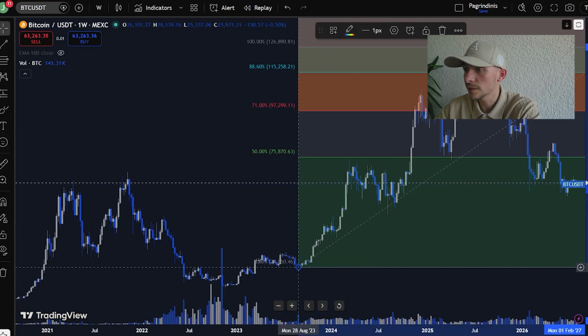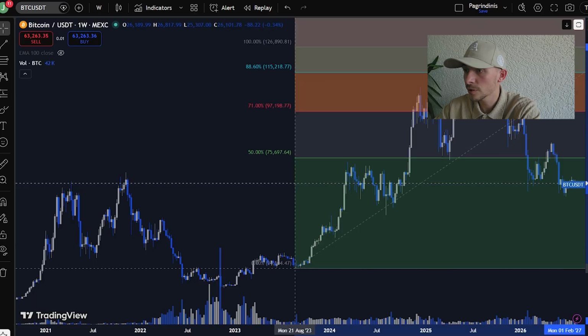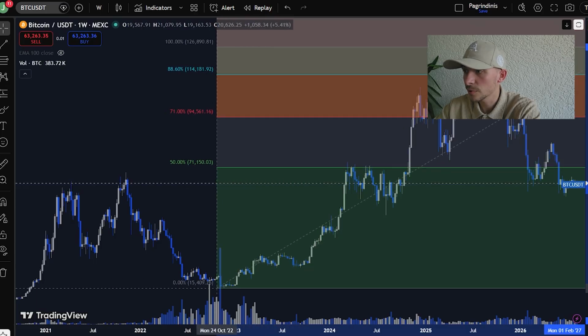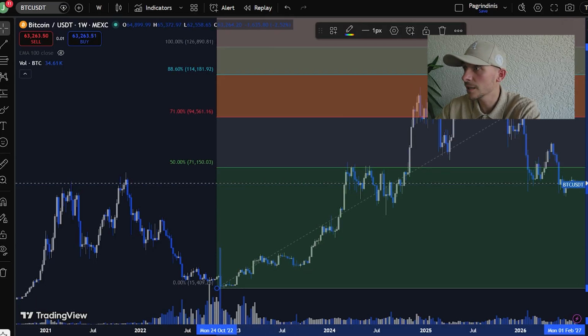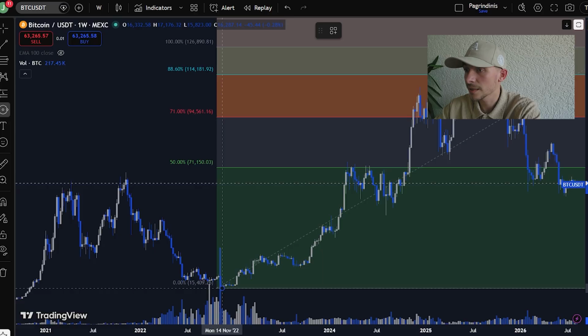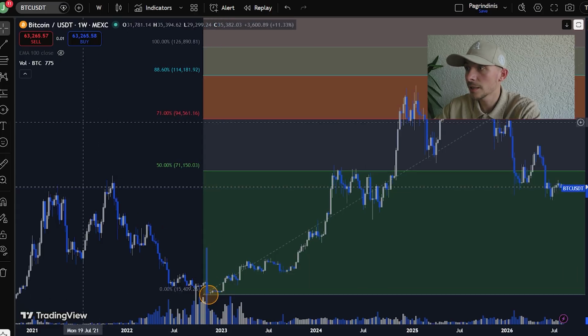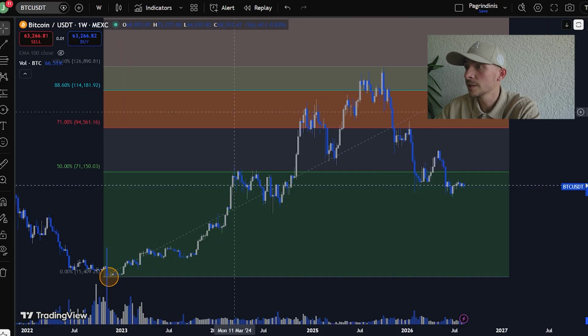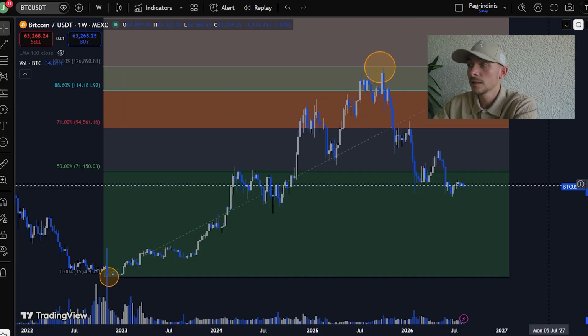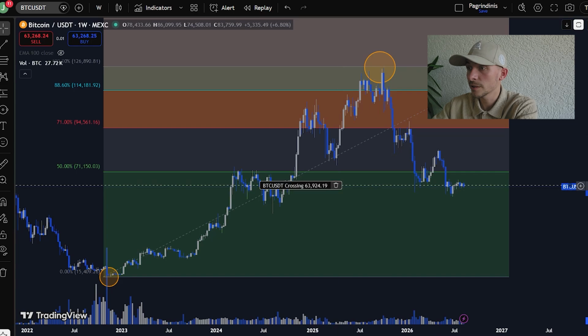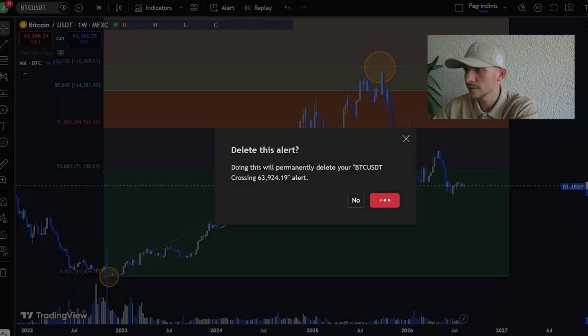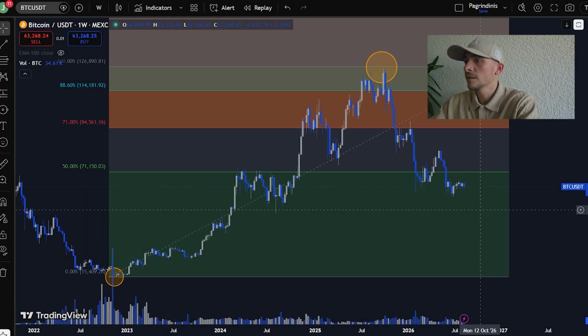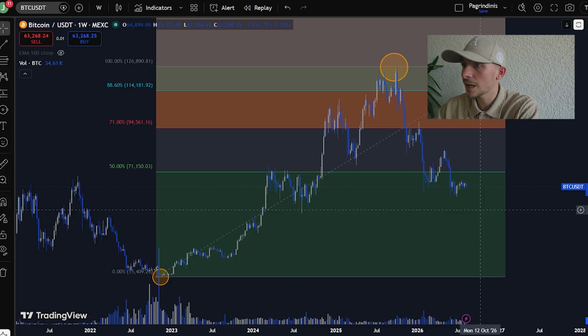It was here, the lowest point, about 15k, right here, and the highest point, of course, I mentioned it before, is 126k. Pretty simple. I'm gonna take it out, it's distracting me.